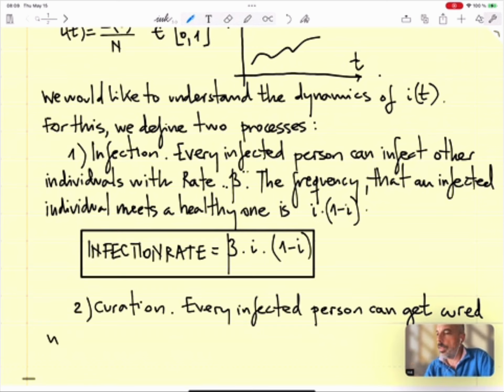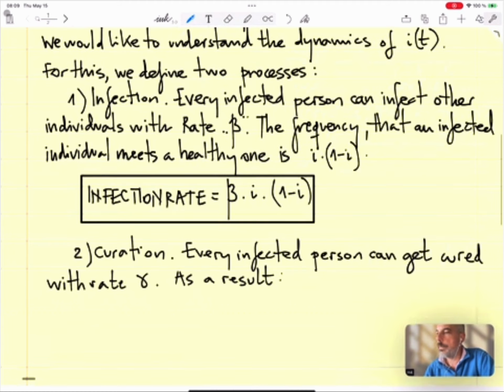With rate gamma. As a result, the curation rate equals gamma times I.